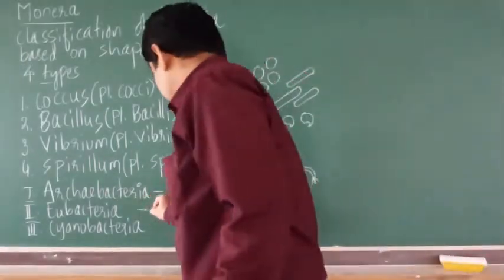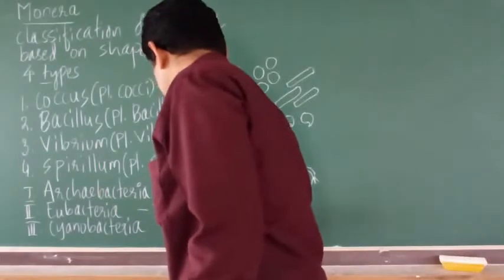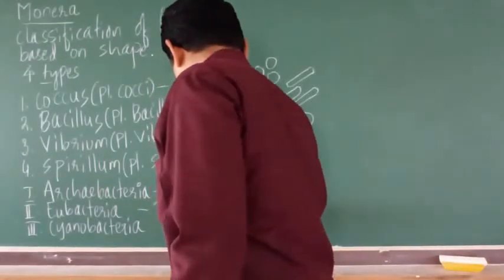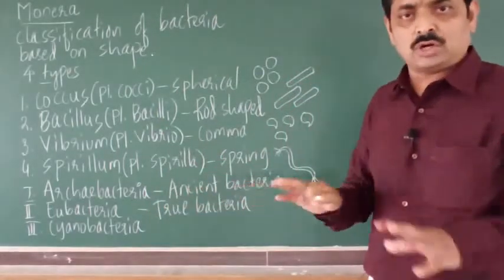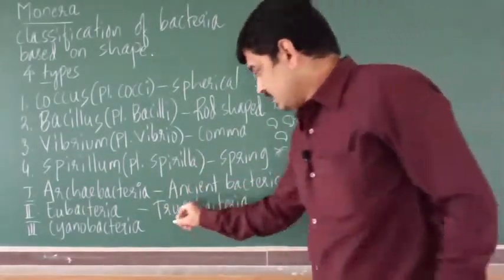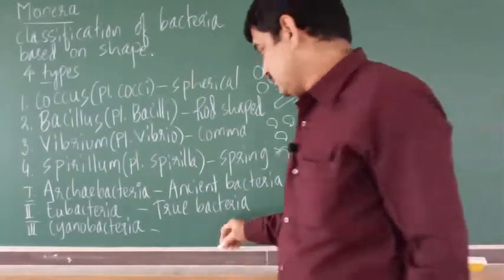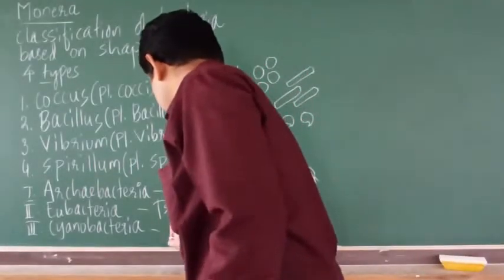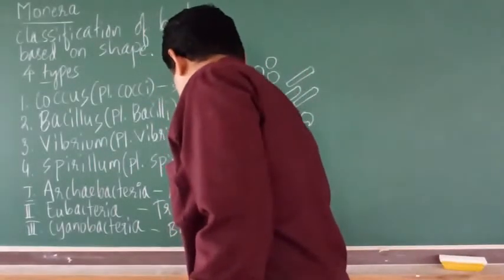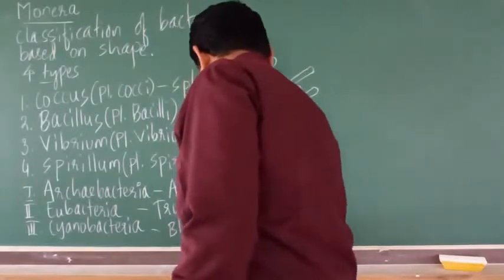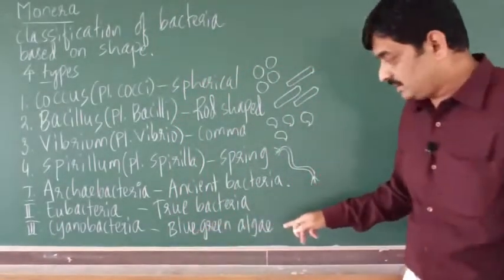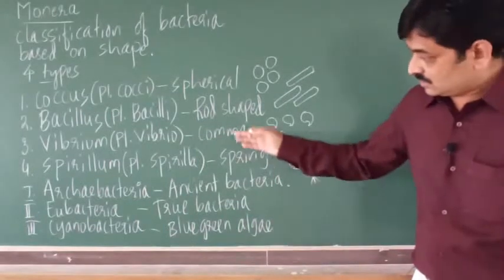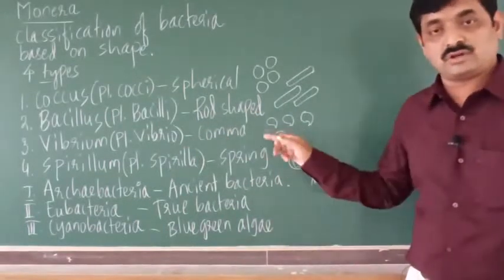Then Eubacteria are true bacteria which are commonly found everywhere. Then Cyanobacteria are commonly called blue-green algae, right? So these are the three main groups of bacteria.